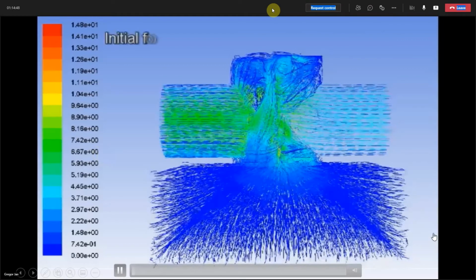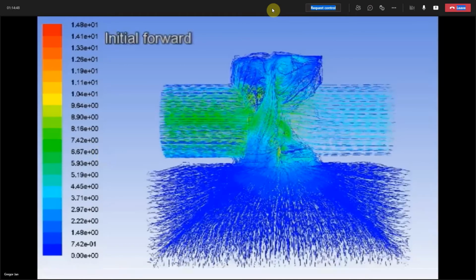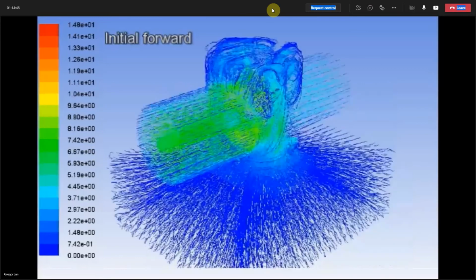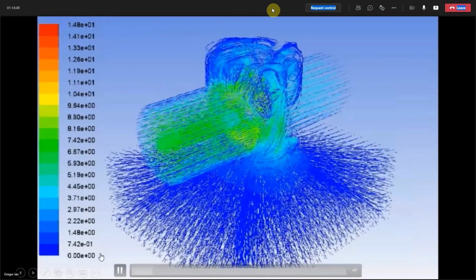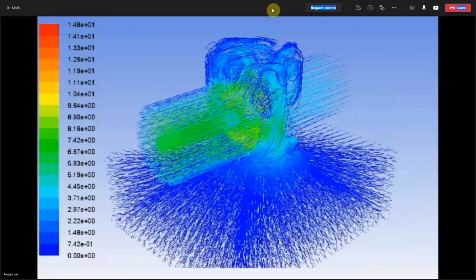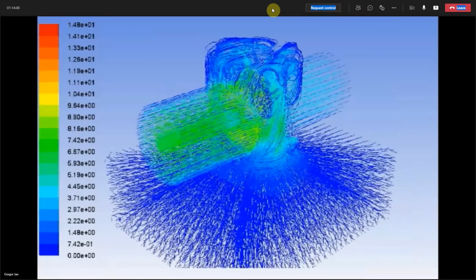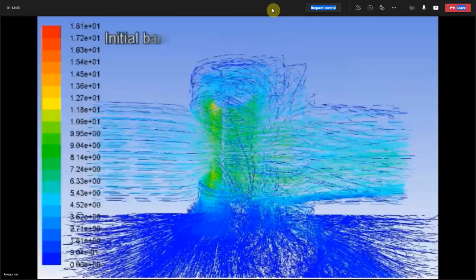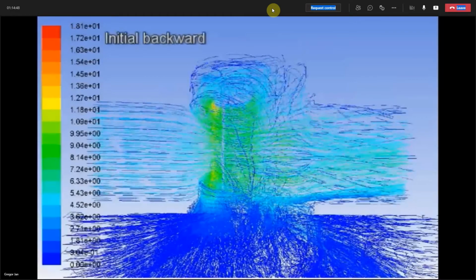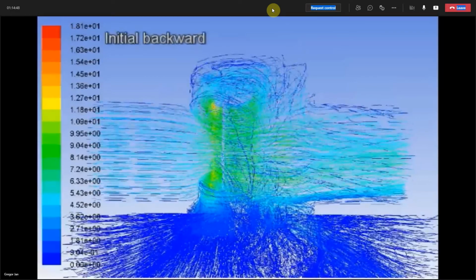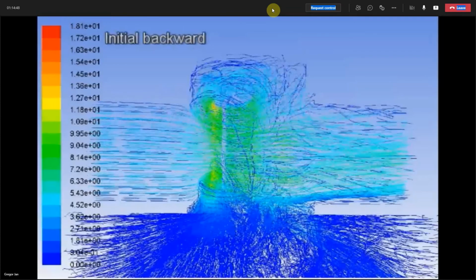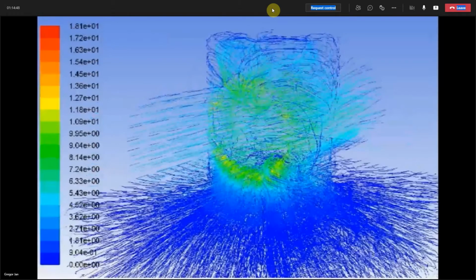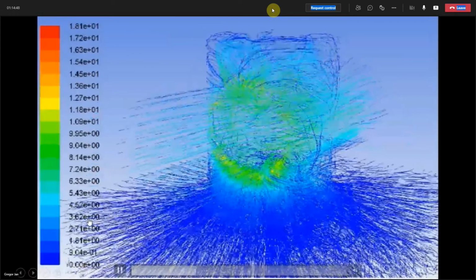So, okay, here you can see the initial forward flow of the tunnel. It looks really good at this point. There is some small circulation in the upper part, but then in the backward motion there is much more turbulent flow in the tunnel, and it circulates quite a lot.